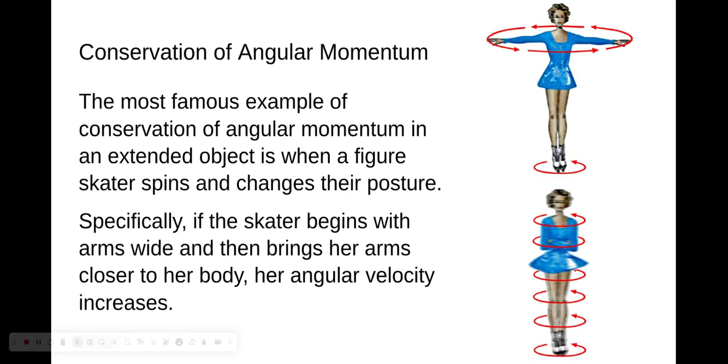This is going to be a big moment of inertia. And so she's going to spin rather slow. But if she decreases her radius, that's going to decrease the moment of inertia. As a consequence, if the angular momentum is conserved, her angular velocity is going to greatly increase. And if you ever watch a skater do this, they can spin very, very, very fast.